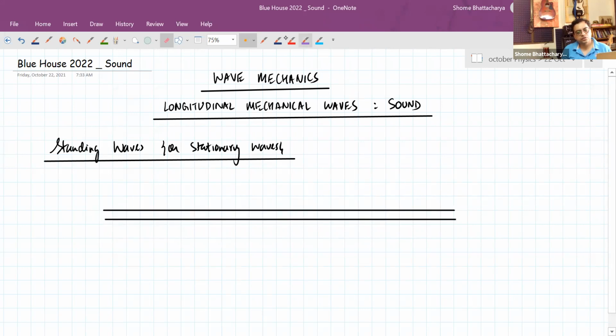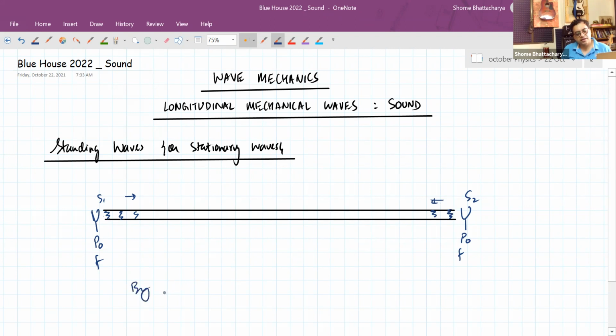So we have two different sources, like two tuning forks, source S1 and source S2 of the same amplitude and the same frequency, which are creating pressure waves traveling in opposite directions.